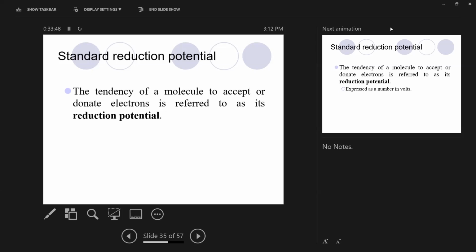So in a case like that, your work will be equal to the charge times the difference in electrical potential.